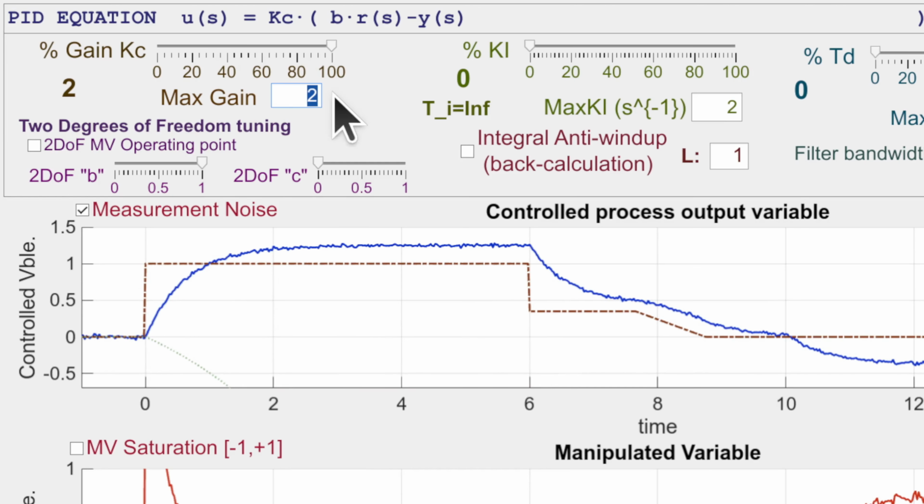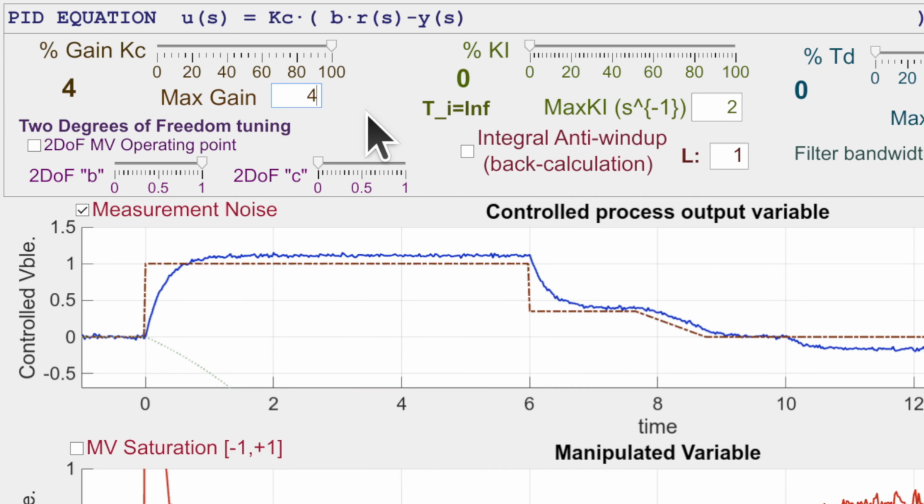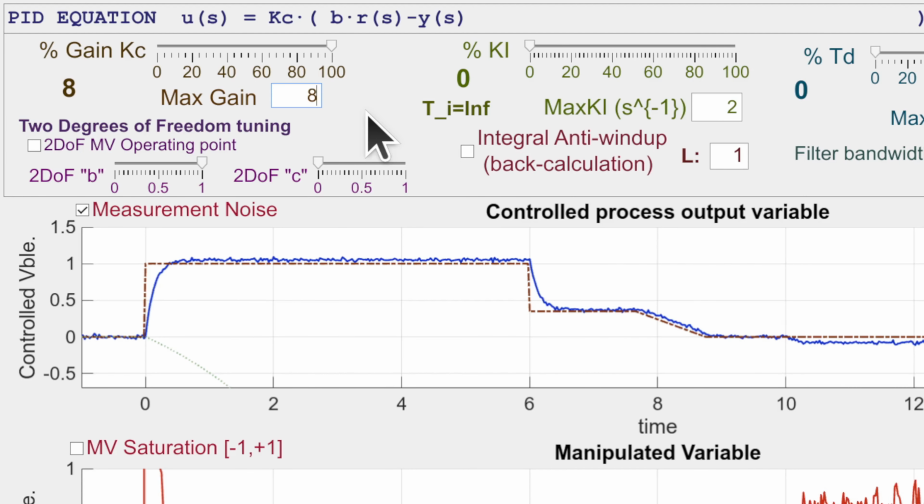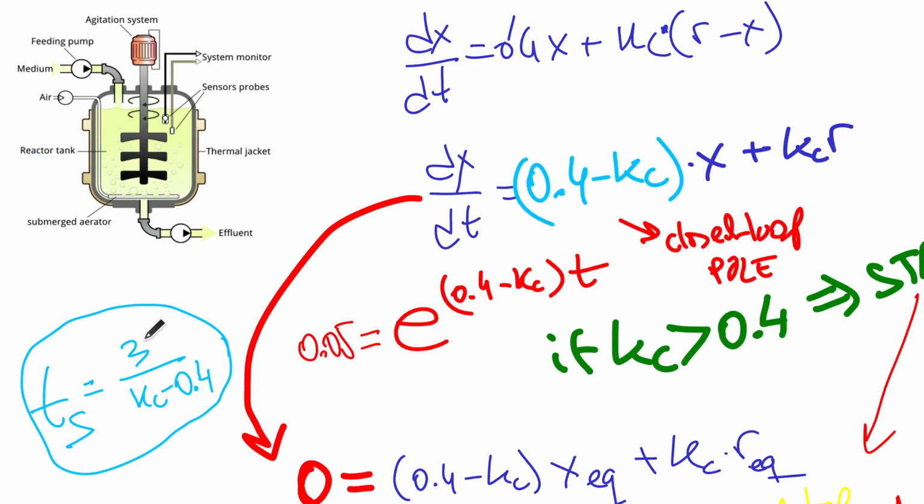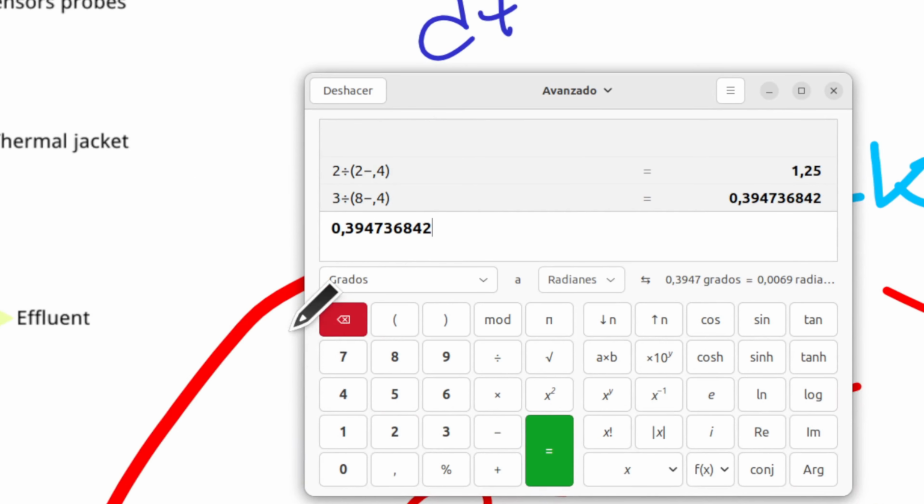We see that if we make the gain higher, the steady state offset, the position error, gets smaller and smaller, and the transient gets faster. For instance, with a gain of 8, the settling time will be 3 over 8 minus 0.4, roughly 0.4 seconds.